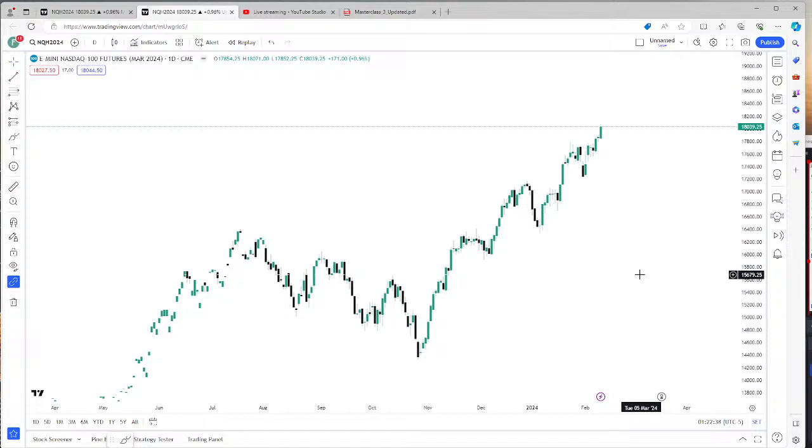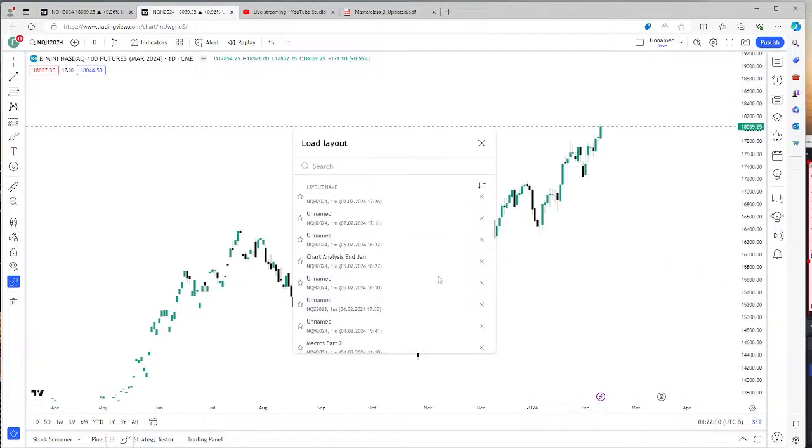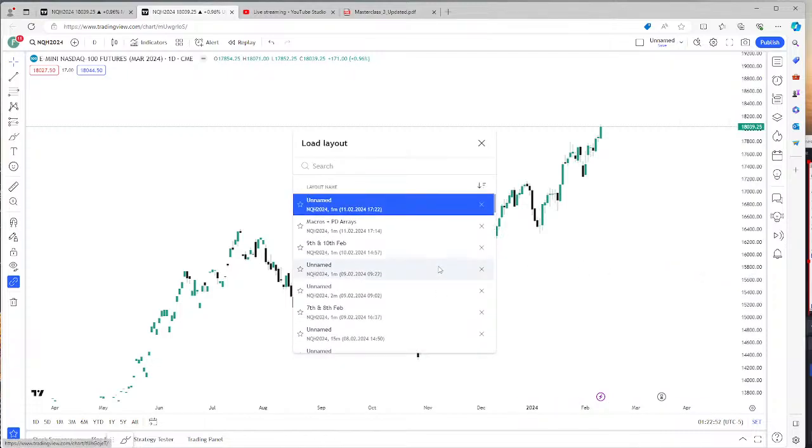Sophie asks, Ruben, do you have multiple charts open on different time frames, or do you just keep changing the time on one chart? Well, yes, in the session I like to have multiple charts.